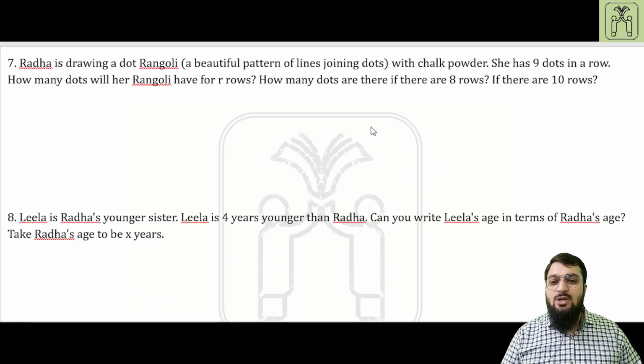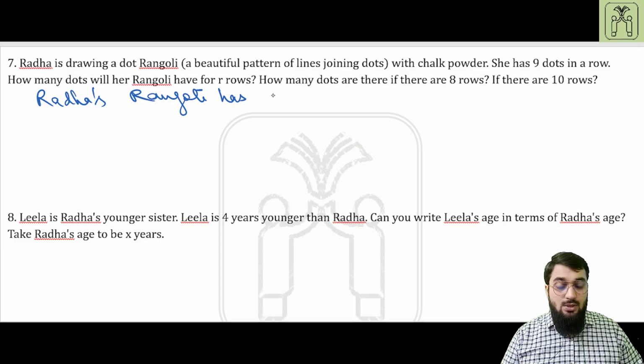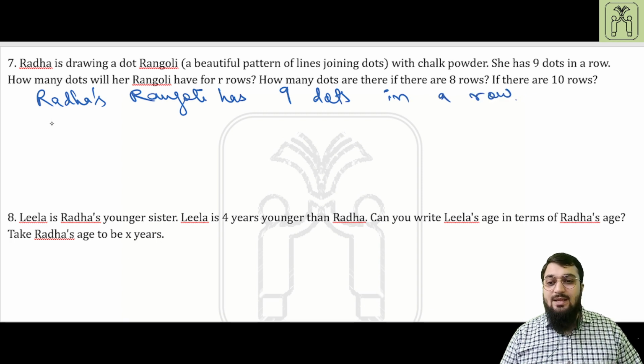So Radha is drawing a dot rangoli. So we will write that she has 9 dots in a row. Okay, so I will write, Radha's rangoli has 9 dots in a row.